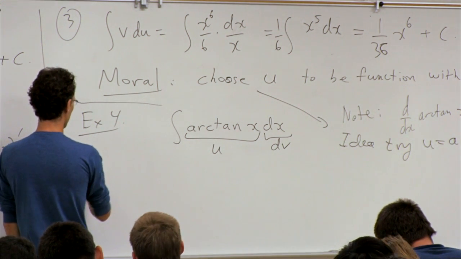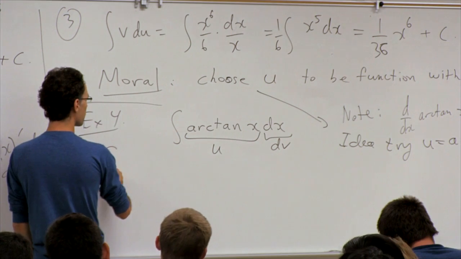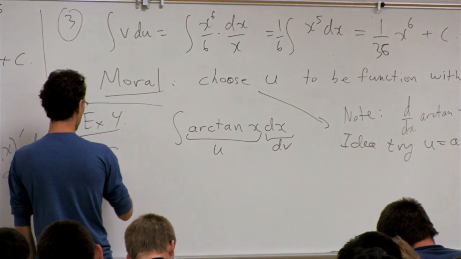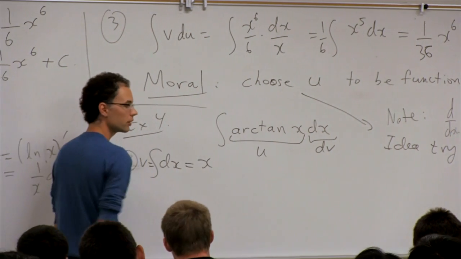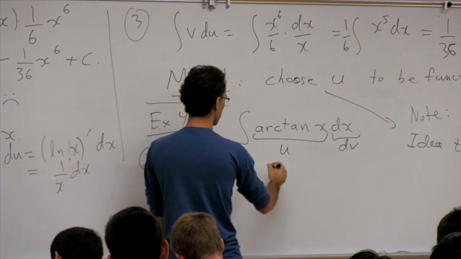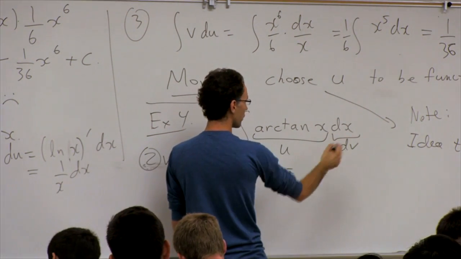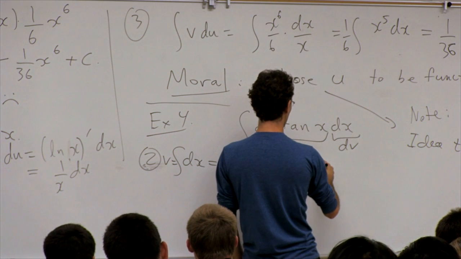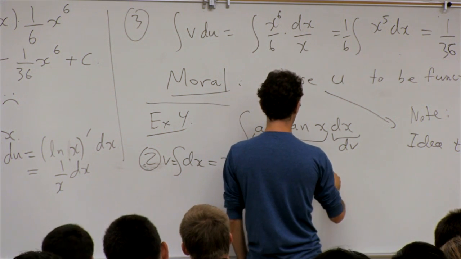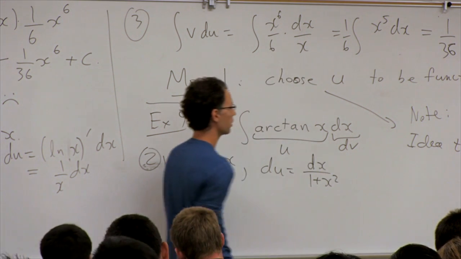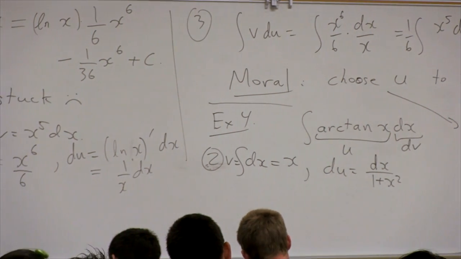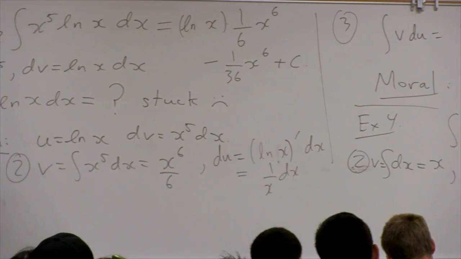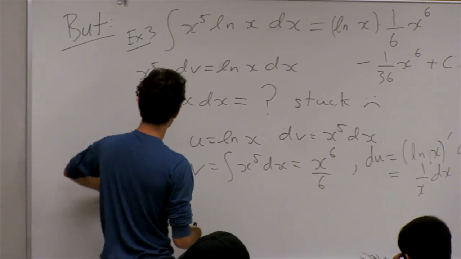So in the second step, v is the integral of dx, which is nothing else than x. And du, we already wrote over there, that was dx over 1 plus x squared. OK, and now with that, we can almost complete the integral.